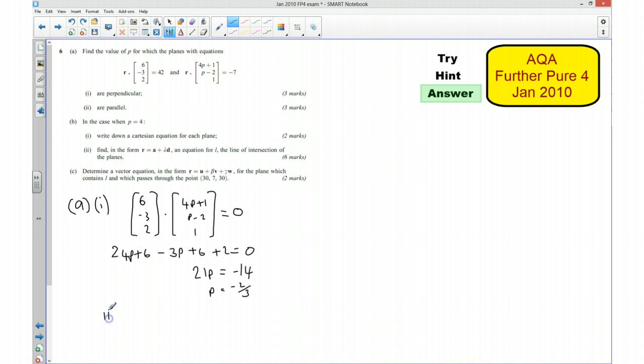For the second part of this question, we want them to be parallel to each other, so that means that this normal needs to be a multiple of this normal here. So it's going to be equal to a multiple, I'll just use the letter A to stand for, of this here.